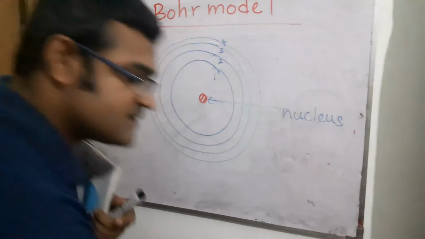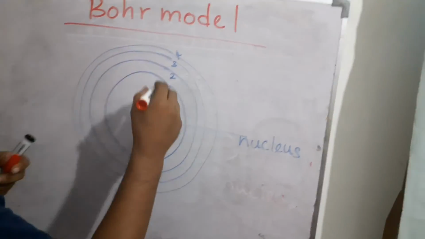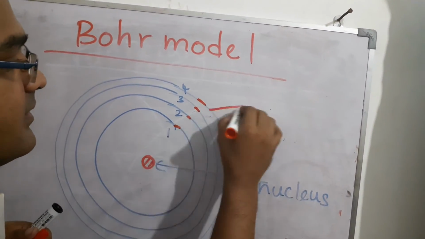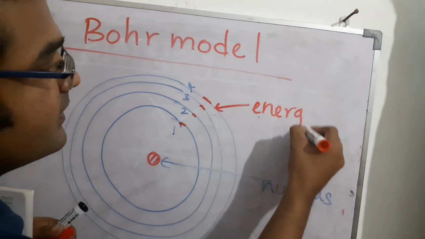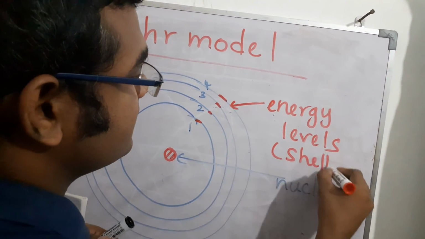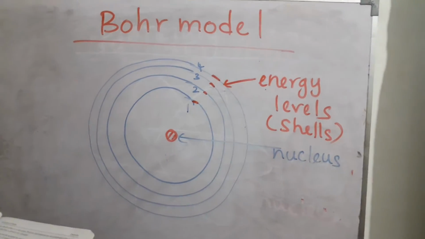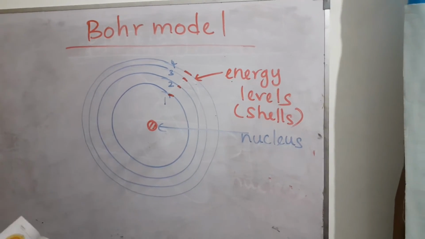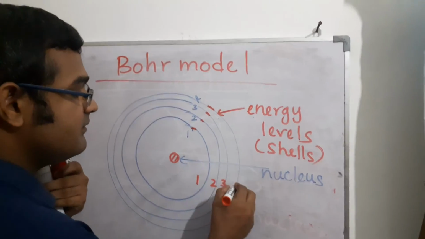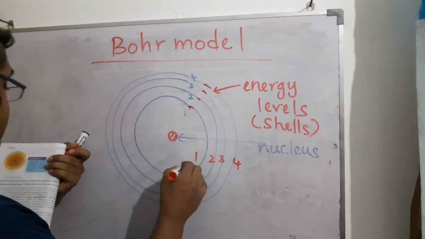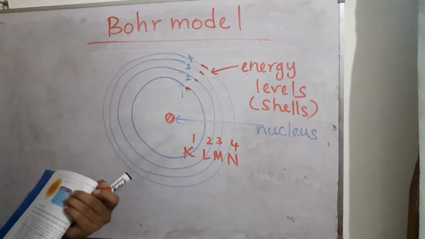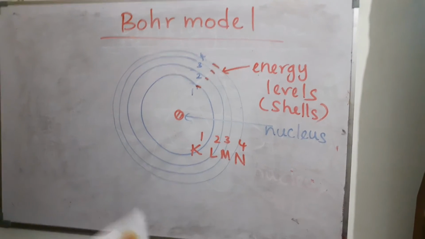So electrons are on these different energy levels or shells. Then they were labeled as 1, 2, 3, 4, or K, L, M, N.